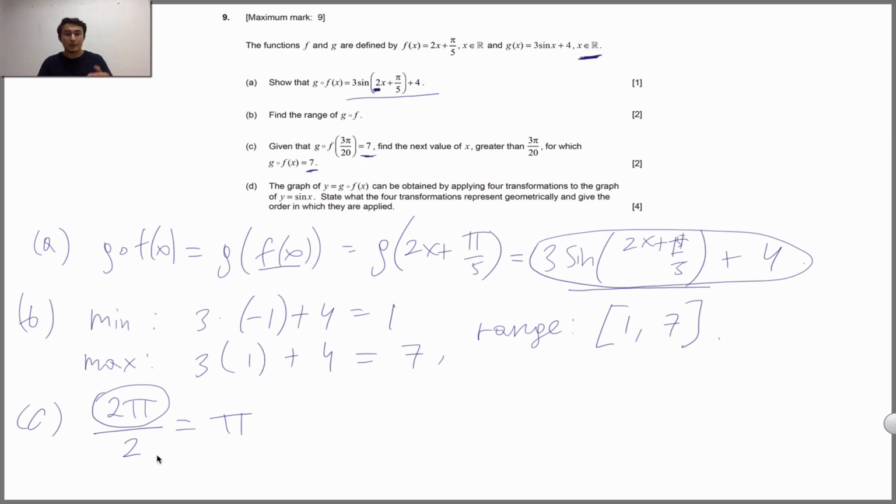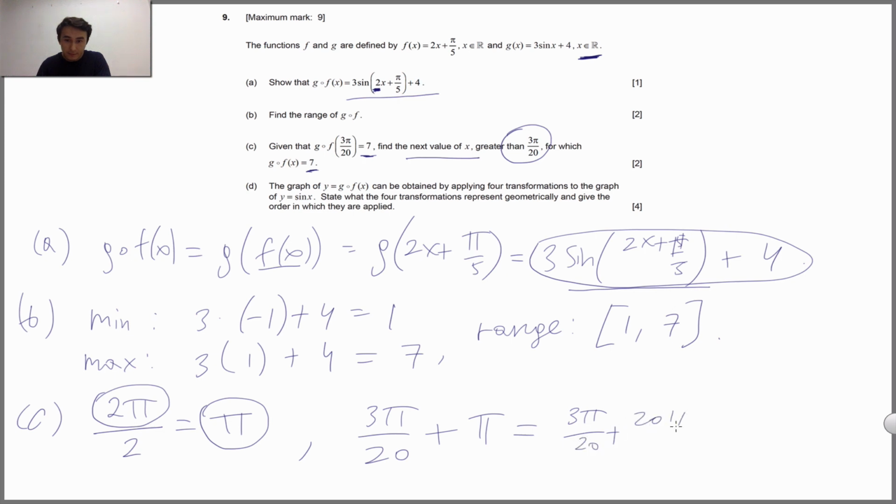So we just divide by that number, and the new period is pi. That means the next value of x greater than 3 pi over 20 will be 3 pi over 20 plus pi. We just add one period, so it will be 3 pi over 20 plus 20 pi over 20, which is 23 pi over 20. So this is the answer.